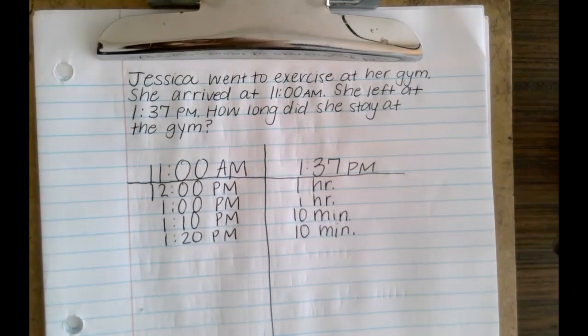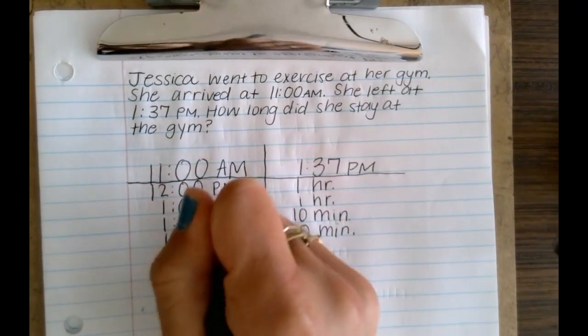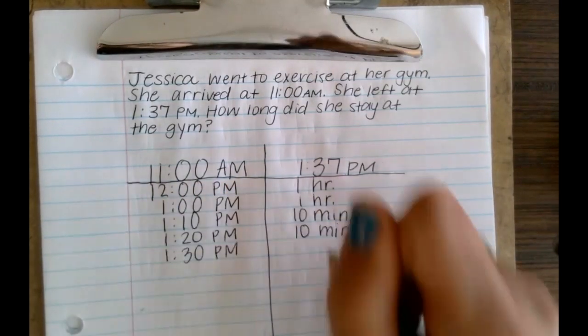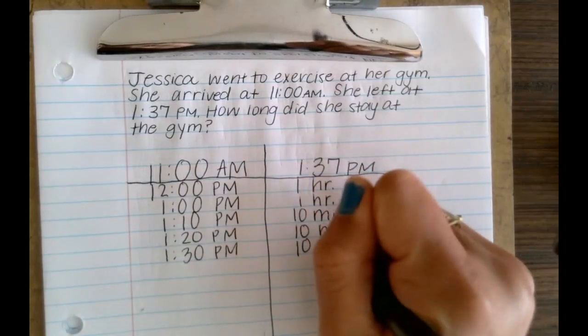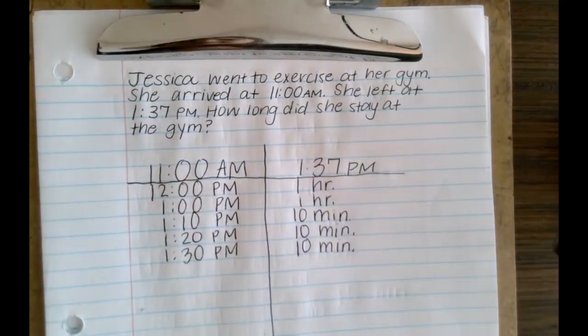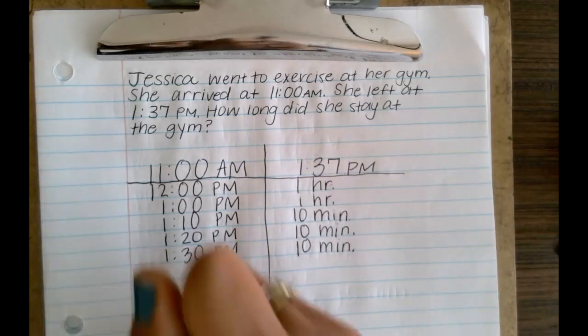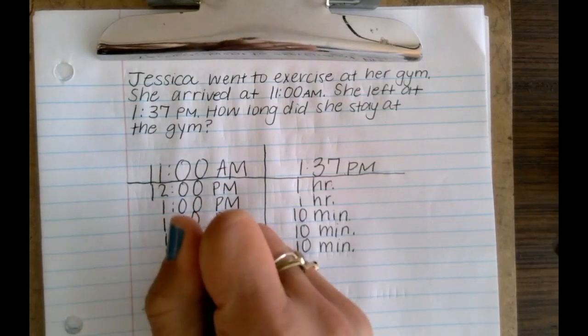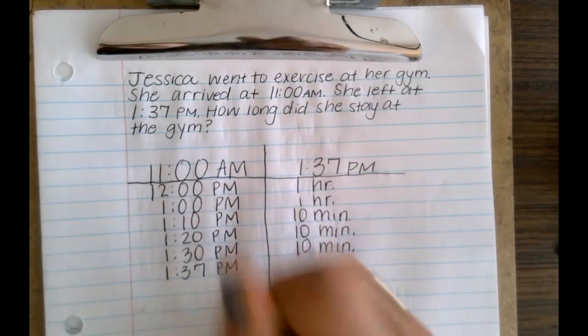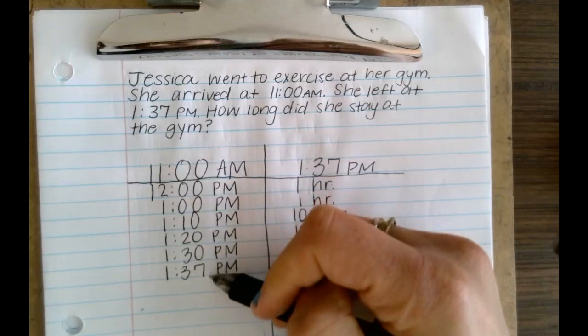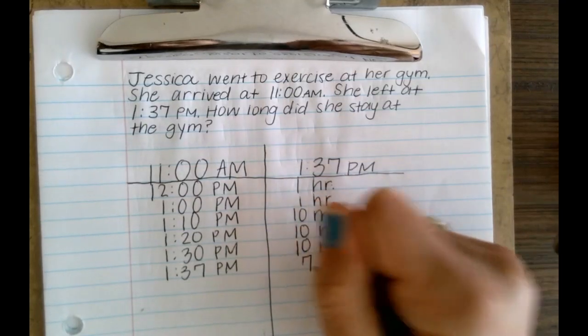Then I'm going to go to 1:30 p.m. That's another 10 minutes. And now I can't do another 10 minutes because that would be 1:40, but I'm at 1:30 and I just need to get to 1:37. So I'm going to go straight to 1:37 p.m. And from 30 to 37, that's just 7 more minutes.